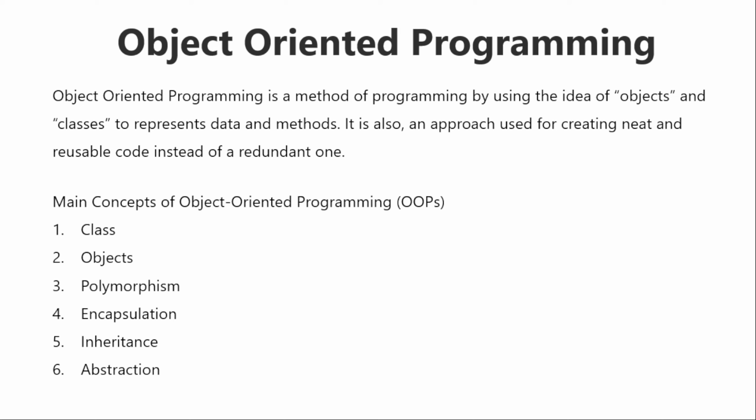It has 6 main concepts. Basically, classes and objects are the stepping stones, and polymorphism, encapsulation, inheritance, and abstraction are the other 4 important concepts which are parts of object-oriented programming. Now let us start with classes and objects, and we can proceed with other concepts in the upcoming slides.